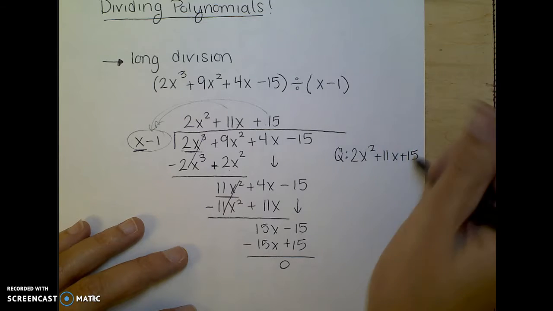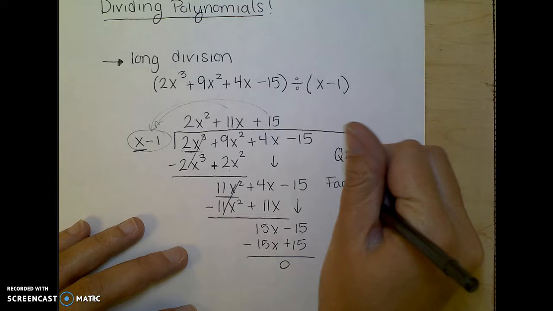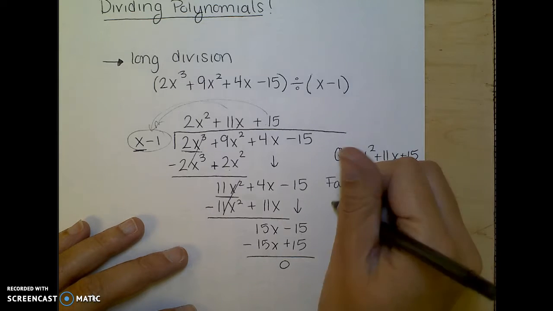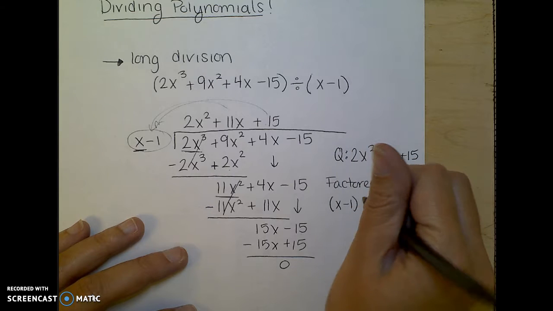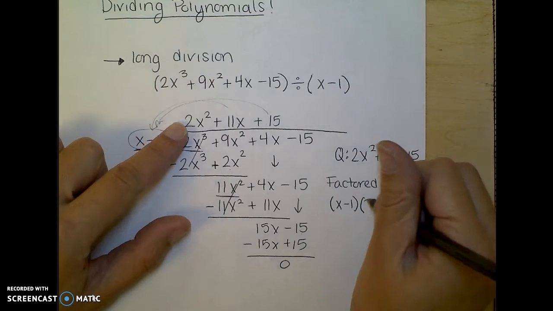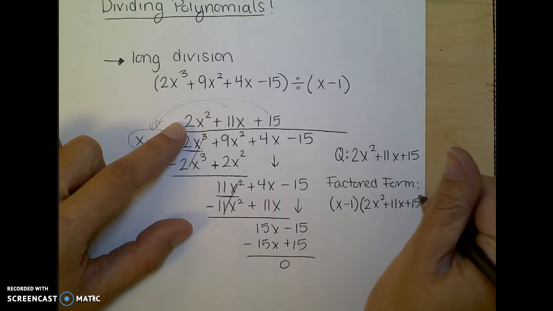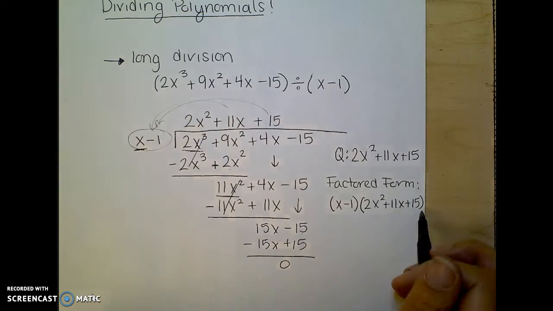If we want it in factored form, we could do that too, because I divided out one factor, so x minus 1 is a factor, and then my answer, 2x squared plus 11x plus 15, is another. And then I could look at this and try to factor more.